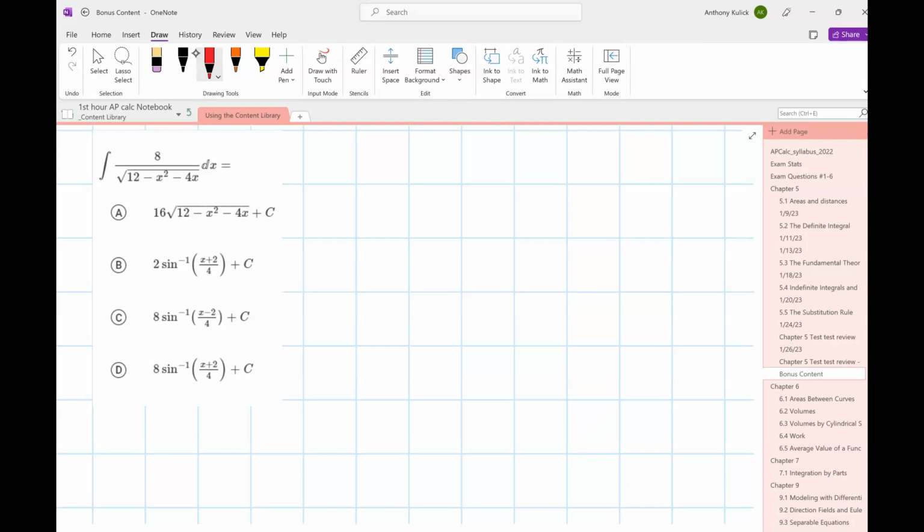So immediately I know that sine inverse is going to be the form that I have to run into. Do you remember what the antiderivative for sine inverse looks like? Tangent is 1 over 1 plus x squared.